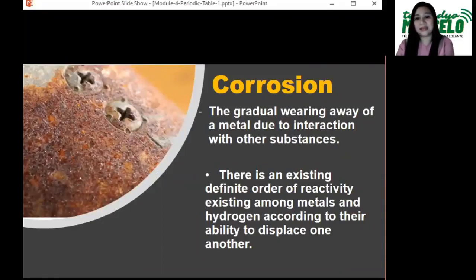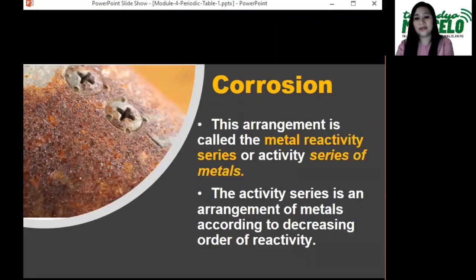There is a definite order of reactivity among metals and hydrogen according to their ability to displace one another. This arrangement is called the metal reactivity series or activity series of metals. The activity series is an arrangement of metals according to decreasing order of reactivity.